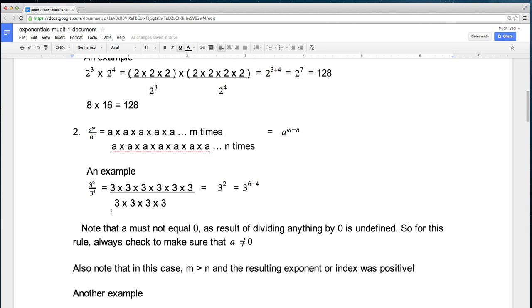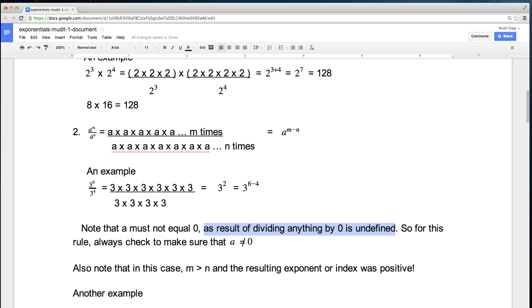Now, I just want to clarify that this piece we should fix. Because if a is 0 here, then both the numerator and the denominator will be 0. So it's not correct to say that the result will be undefined, it'll just be 0.